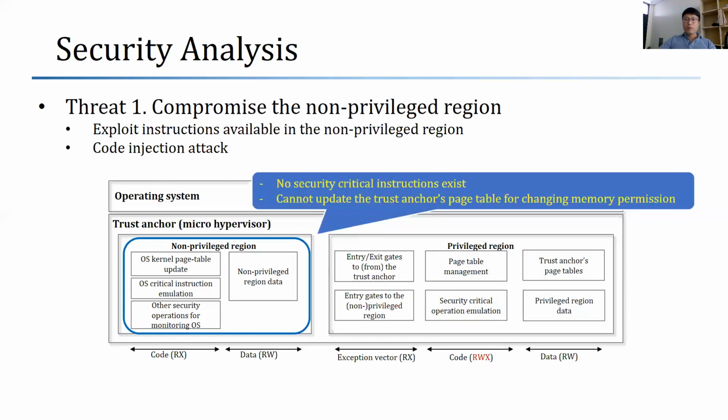However, because critical instructions that can be abused by the attackers are classified and removed from the non-privileged region, the attacker cannot find meaningful instructions for disabling SelMon. Injecting malicious code into the trust anchor requires updating page tables to add executable permission to writable memory. Because the hypervisor-managed page tables are also isolated, this attempt is simply prevented.